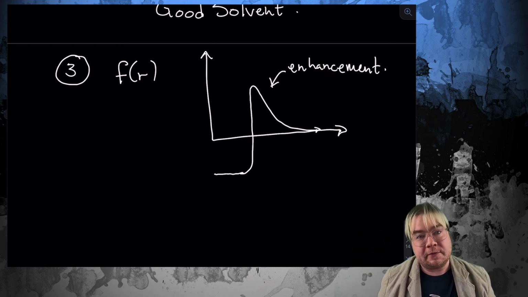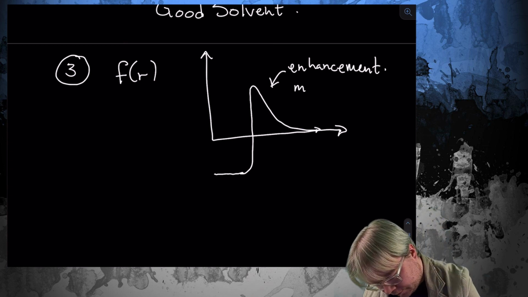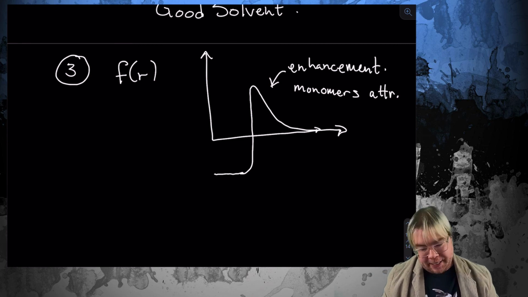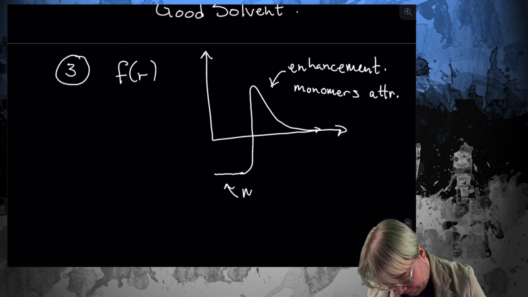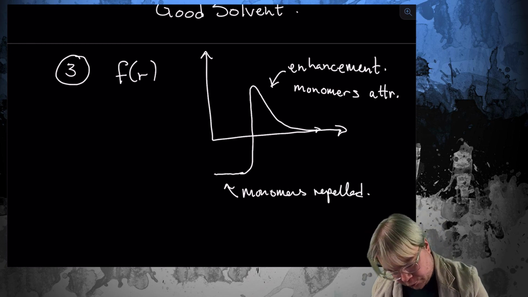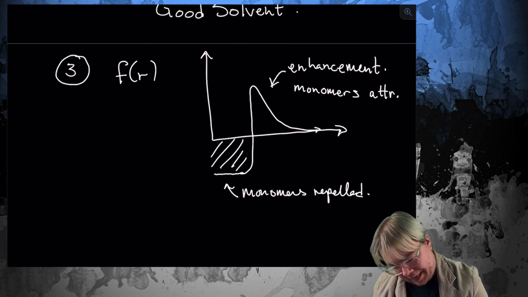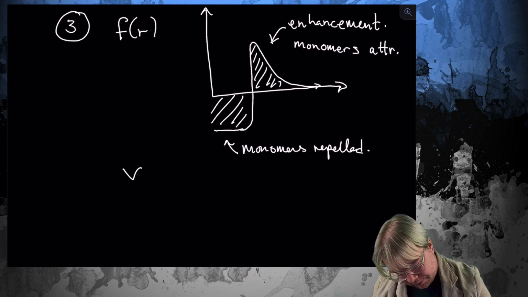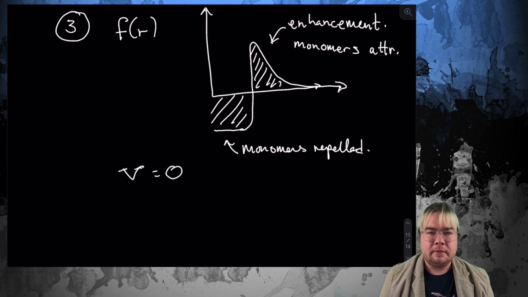Remember, that enhancement comes from monomers being attracted to each other. So monomers will be attracted to each other at intermediate distances. Monomers repelled at small distances. And so if this area here cancels out this area here, then you can imagine that it's possible to have the case where the excluded volume is equal to 0.